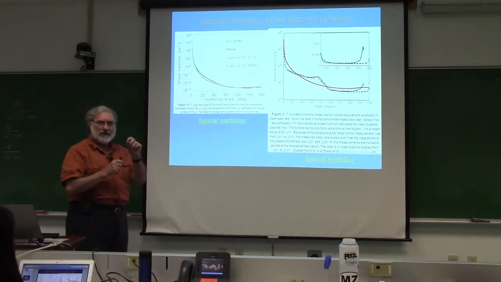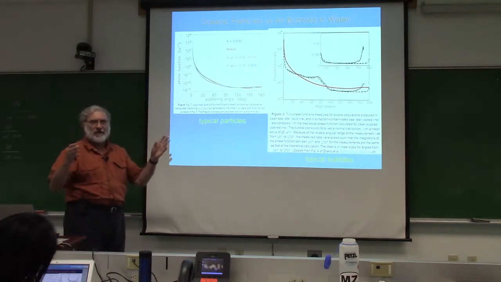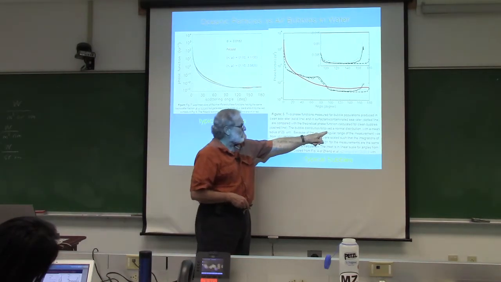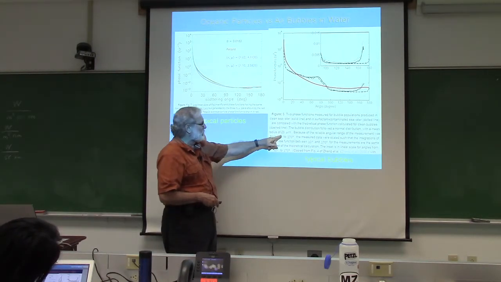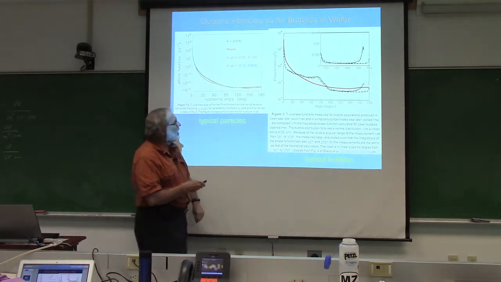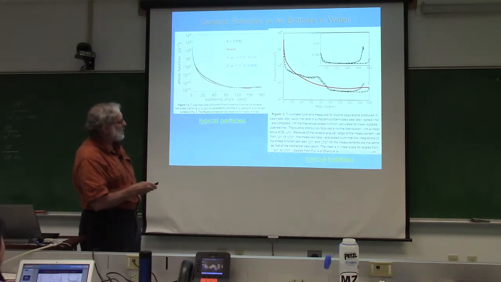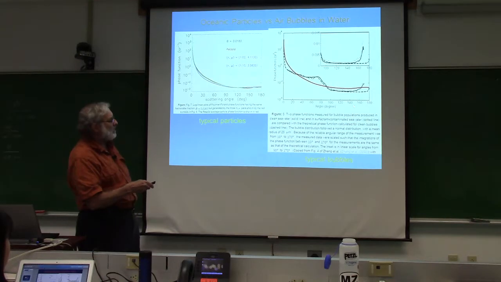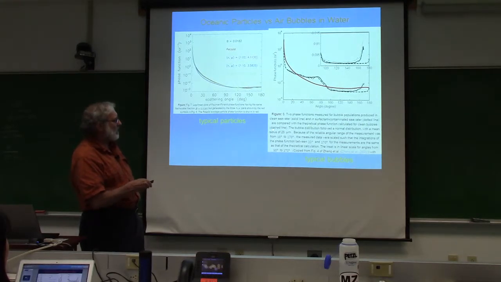So micro meaning these really little guys like 10, 20, 30 micrometers in size. He says the bubble distribution followed a log normal distribution with a mean of 25 micrometers, so on down the line. He's got measurements here, produced in clean seawater, solid line, and surfactant contaminated seawater, dotted line, compared with the theoretical phase function calculated for clean bubbles, which is the dashed line.